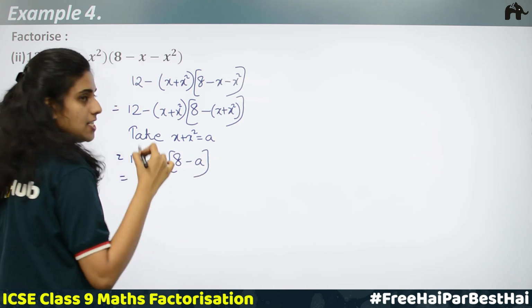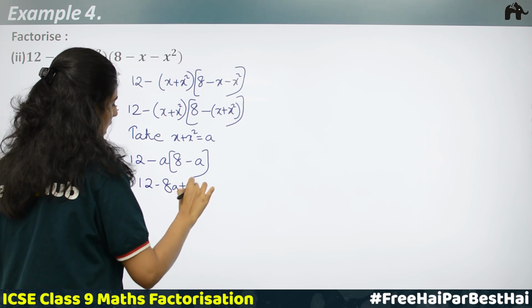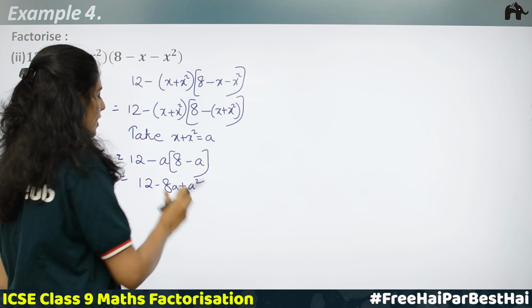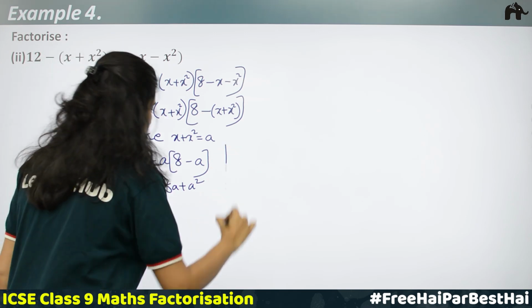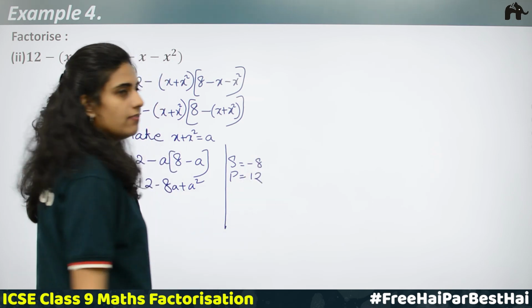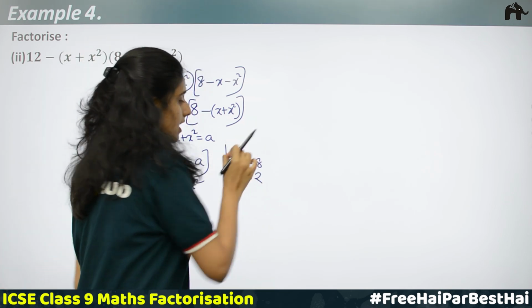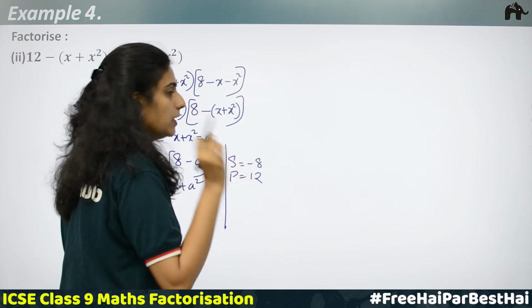Now, remove the bracket and multiply: 12 minus 8a plus a square. Okay. Now, we can split the middle term. The sum of the terms should be equal to minus 8 and the product should be equal to 12. When do we get 12? Here the product is positive, sum is negative, which means both the numbers should be negative.